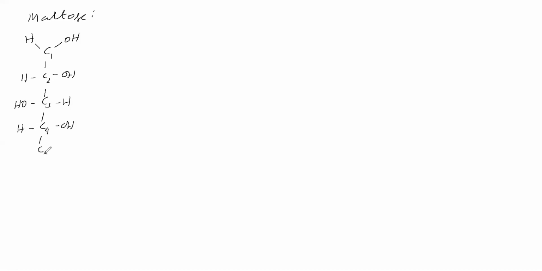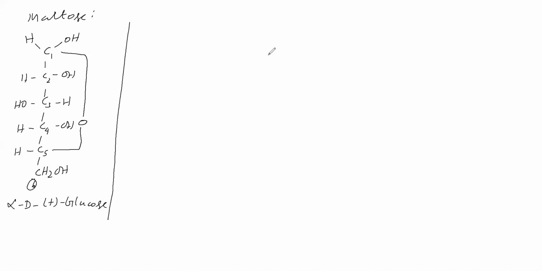The fifth carbon contains H and CH2OH, where the carbon in CH2OH is the sixth carbon. C1 is linked with the fifth carbon through an ether linkage. This is called alpha-D-(+)-glucose.